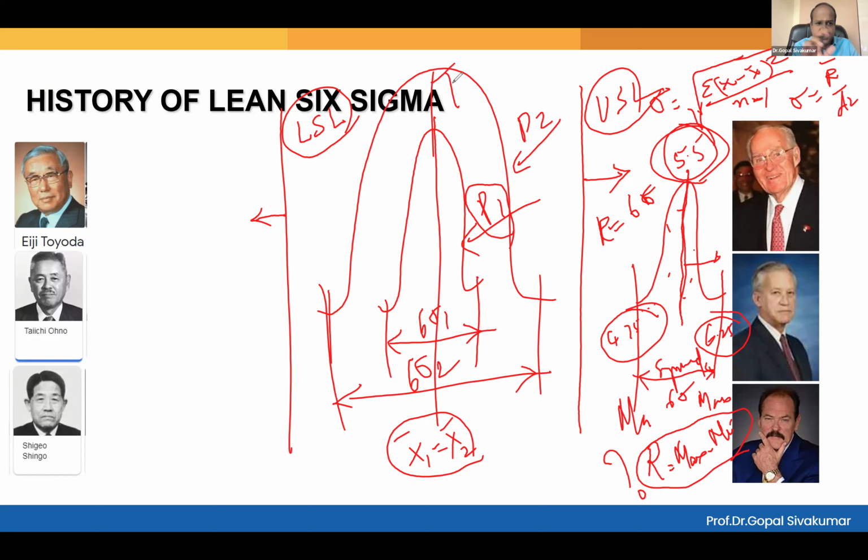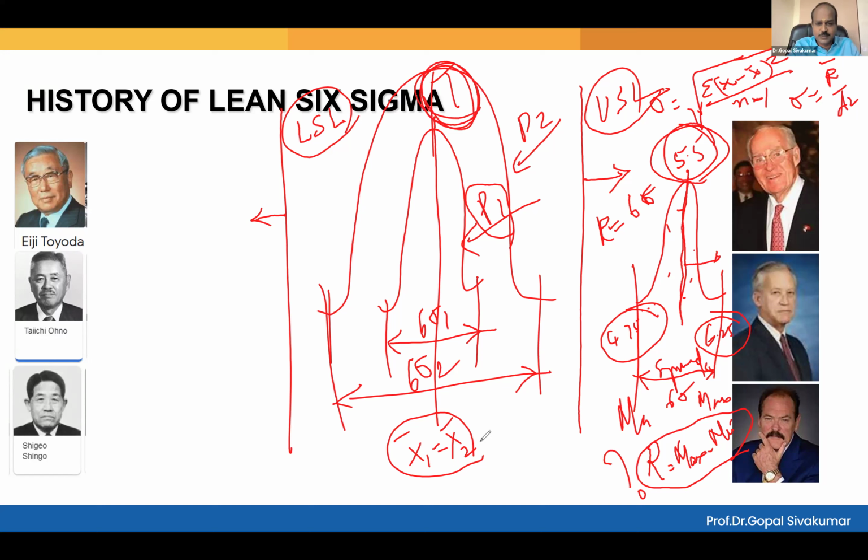Target is always believed to be the midpoint of the specification limits. But if you have a different opinion, yes, we can change accordingly. But in most cases, the target is believed to be the midpoint of the specification. And both the processes are hitting the target. The center of both the processes are hitting the target exactly. Can you see that, all of you?